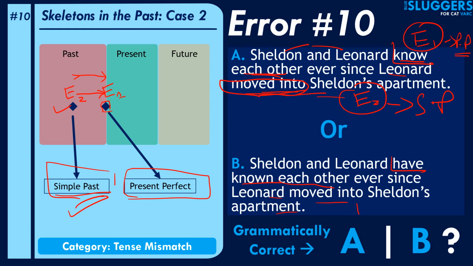So we would rather want to have known each other here. Okay, so Sheldon and Leonard have known each other ever since Leonard moved into Sheldon's apartment, right? So whenever you have two events, one of which has happened in the past and the other probably started with that event and is still continuing, the second event will always take the present perfect form, like in the second sentence, and the first event will always take the simple past form, like in both of these sentences. Okay, so again, the first sentence here is incorrect, the second one is correct.